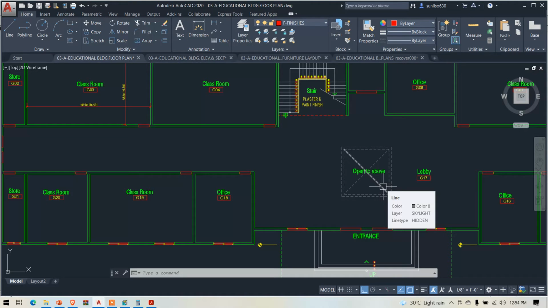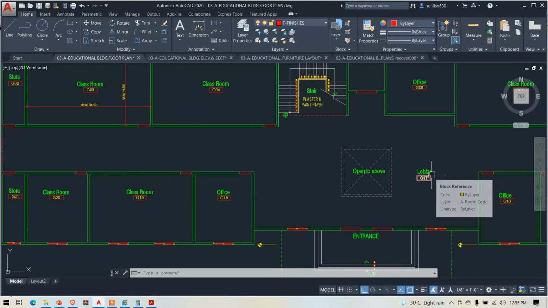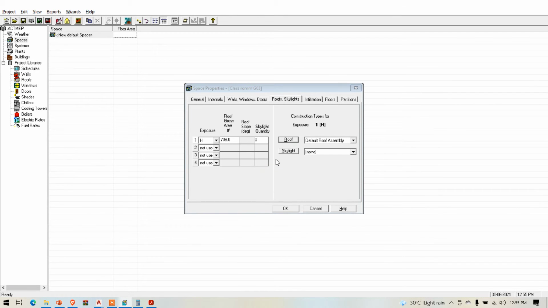Whenever you have this kind of roof or glass, then we have to consider this skylight quantity. We have to consider it whenever you do the load calculation for this lobby area, because the skylight will be above your lobby area, but it is not in your classroom, so no need to consider the skylight over here.